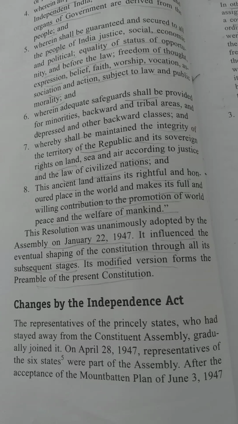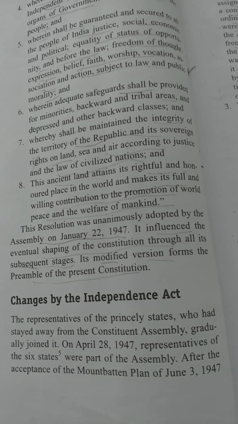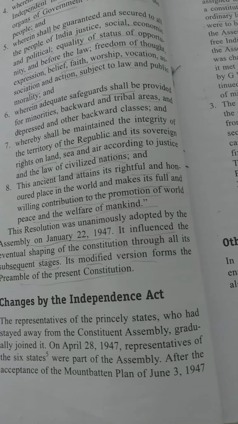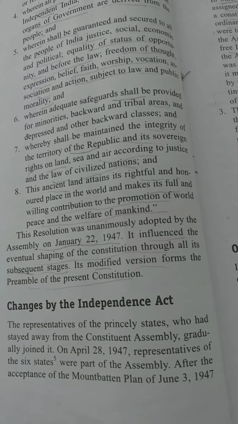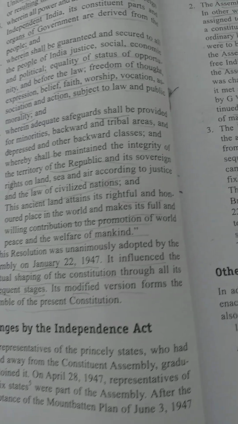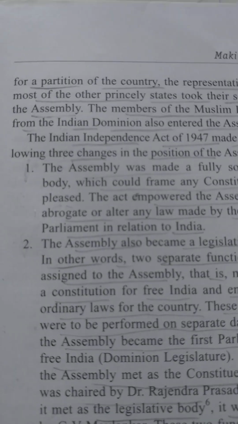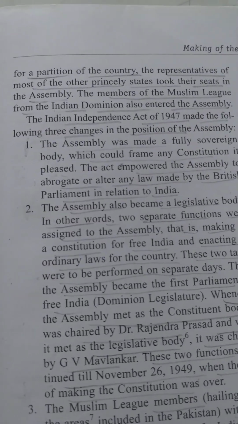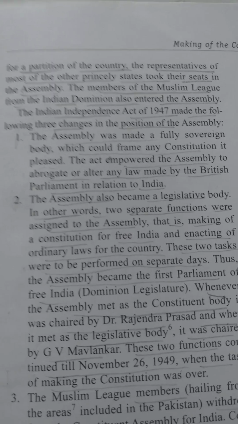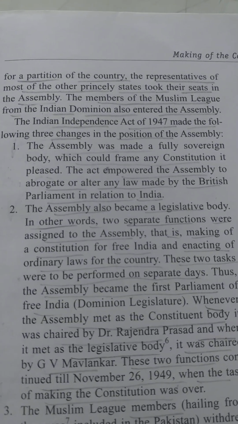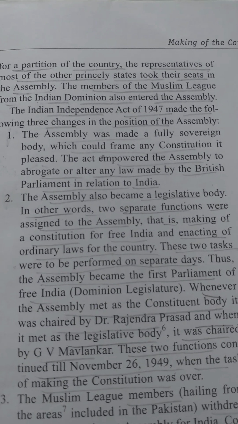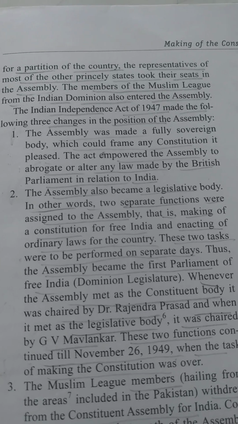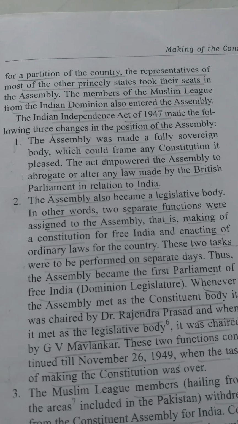Representatives of six states were part of the assembly after the acceptance of the Mountbatten Plan of June 3, 1947 for a partition of the country. The representatives of most of the other princely states took their seats in the assembly. The members of the Muslim League from the Indian Dominion also entered the assembly.